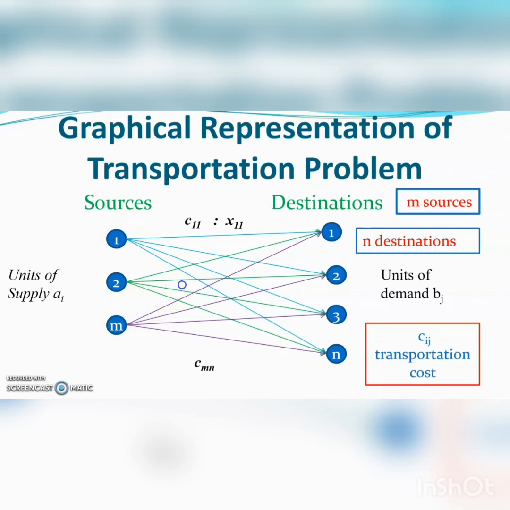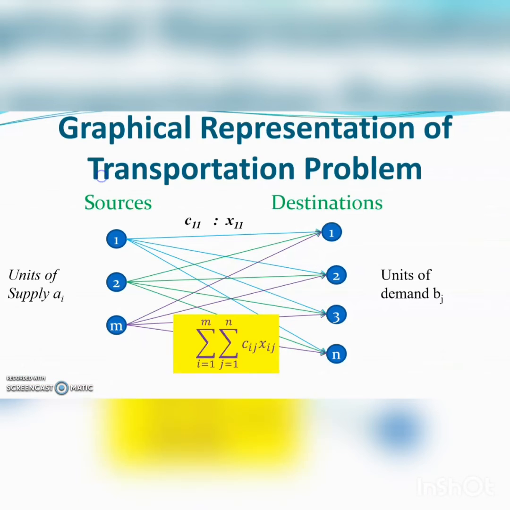Similarly, Xmn be the units delivered from the source M to the destination N. That is, Xij be the unit delivered to the destination Dj from the source Oi.